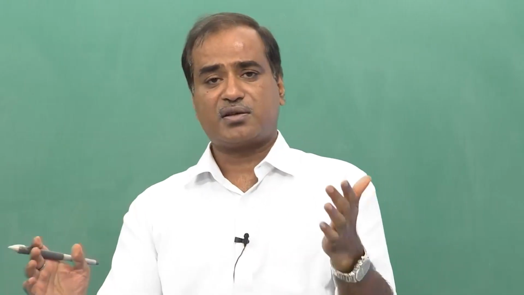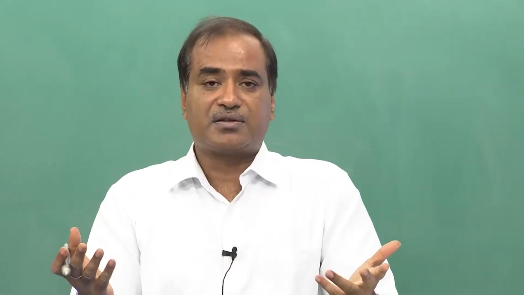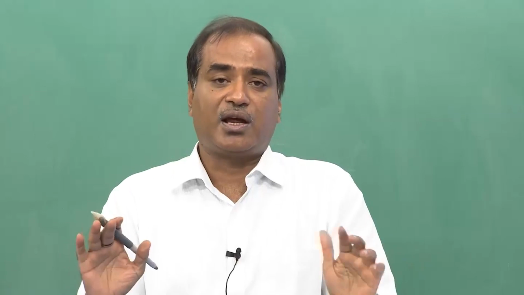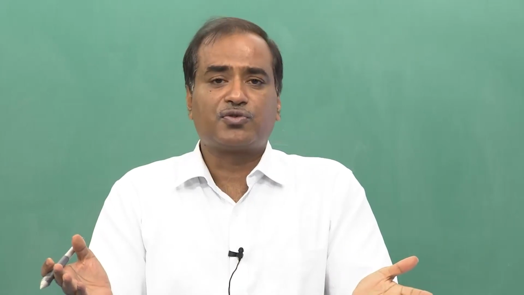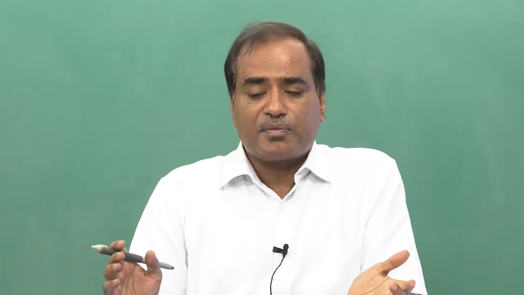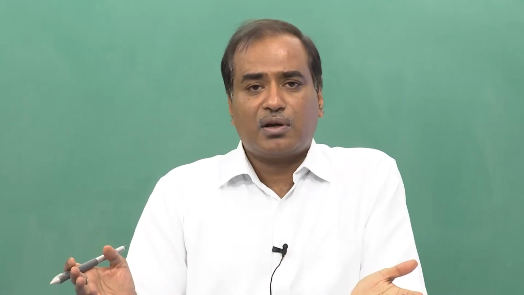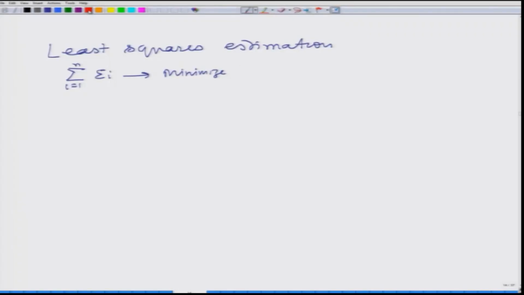We had assumed that some of the errors are in the positive direction, that is above the line, and some errors are in the negative direction, lying under the line. So, if you sum them up, their sum may be very close to 0, and that will be indicating that my observations do not have random errors. That is wrong. So, this idea does not work here. This is not meaningful.